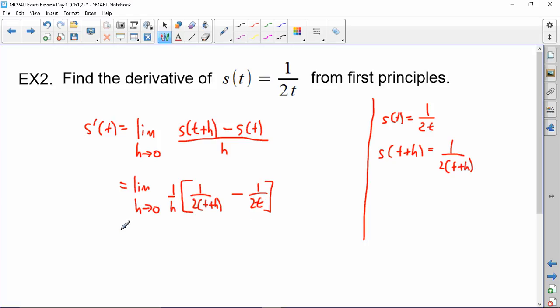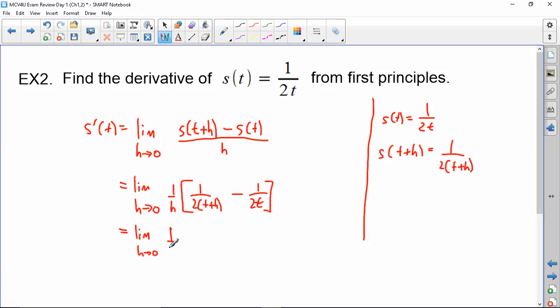And each of these first principle ones, just like the limits, have a strategy, a solid strategy. When it's a fraction one, we want to get a common denominator. So we want to get a common denominator, and here we have to have that expression and we have to have that expression.